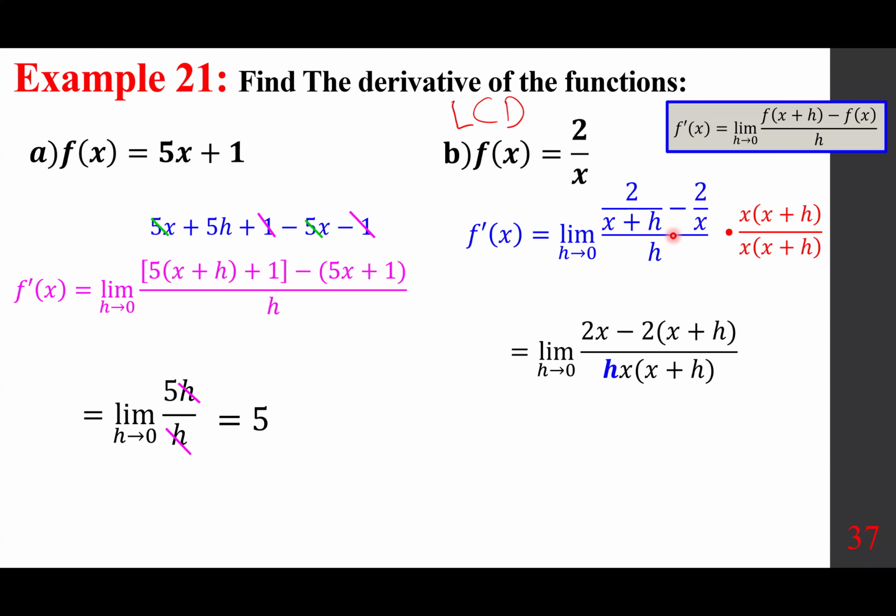So again, the product of these two is this. Okay, everybody? And the product of these two is this. Okay. All right. So in the numerator, we have 2x minus 2x minus 2h.